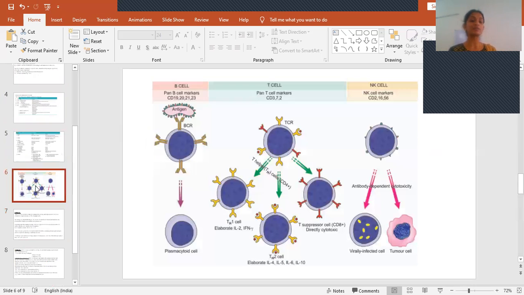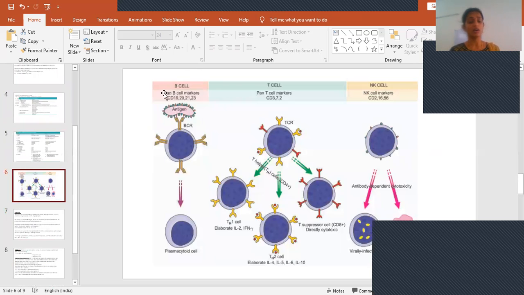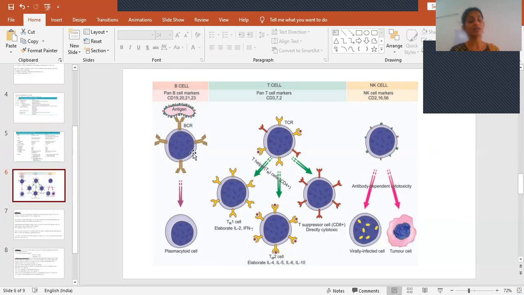When an antigen comes in contact with a B cell, on its surface it has some receptors, that is the B cell receptor, and it also has an Fc component. So this Fc component helps in binding of the antigen to the B cell surface. Once this complex is formed, the cell will be transformed into a plasmacytoid cell.